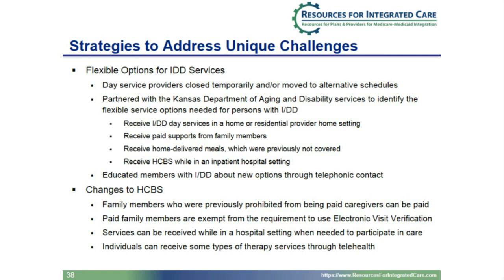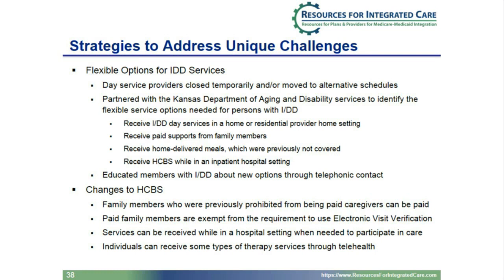And we had individuals who lived in group residential settings who maybe wanted to receive their supports temporarily in a family member's home or in a location where they could isolate a little bit more and protect themselves. So we partnered with our State Department of Aging and Disability Services to identify some ways that we could approve services in these alternative settings. And we received their approval to offer day services in a home or a residential provider setting.